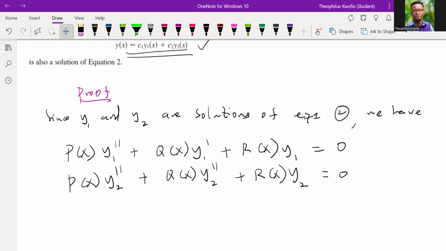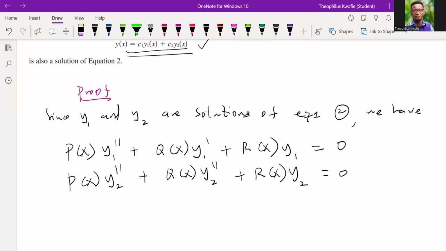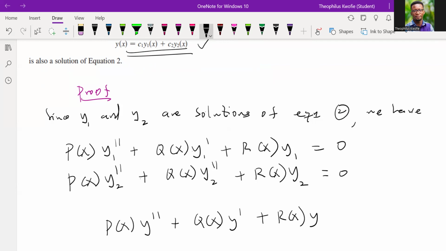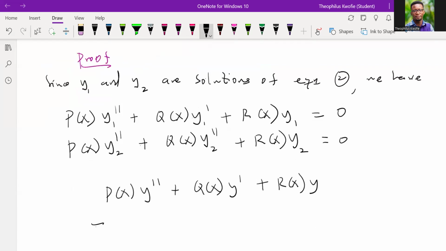By using the basic rules of differentiation, it means that our p of x y prime prime plus q of x y prime plus r of x y, which is the main homogeneous linear equation, should be equal to what? Can somebody help us here? It should be equal to p of x.